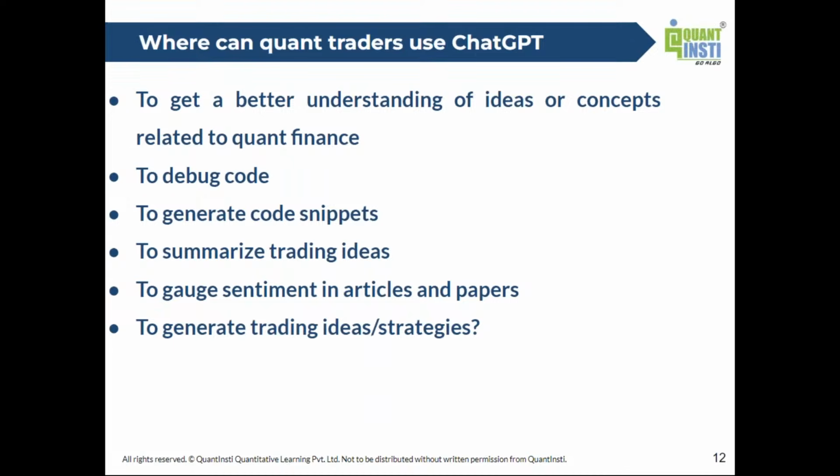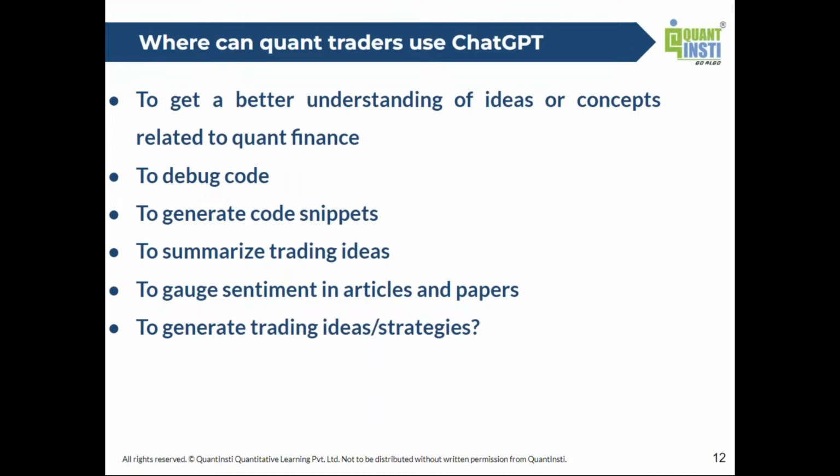You can use it to debug code that has been written in any language, including Python. You can use it to generate code snippets for certain tasks that you need to do. To summarize trading ideas that you may come across. You may come across it in maybe a paper or in some article which is very long, and you may not have the time to read through multiple such articles. You can use it to gauge sentiment, right?